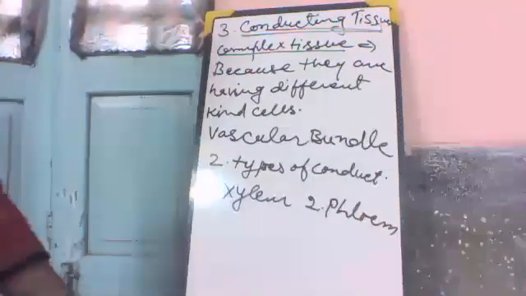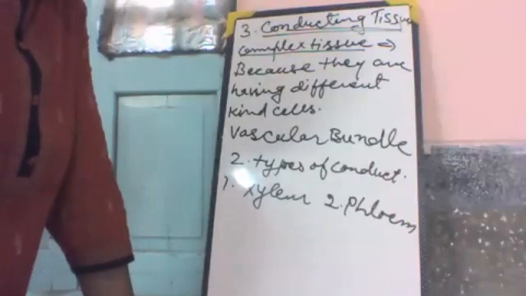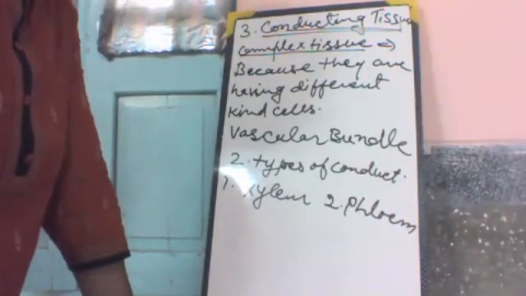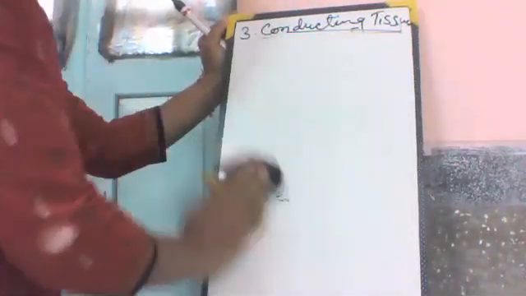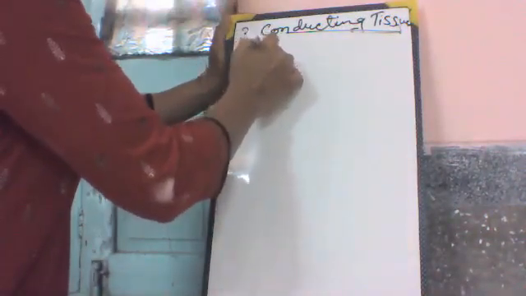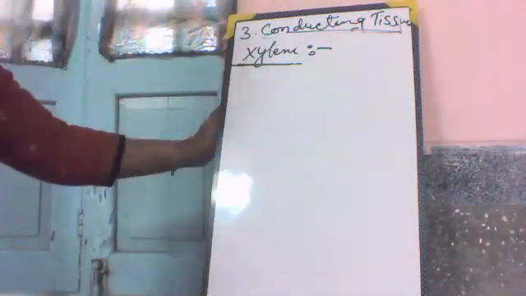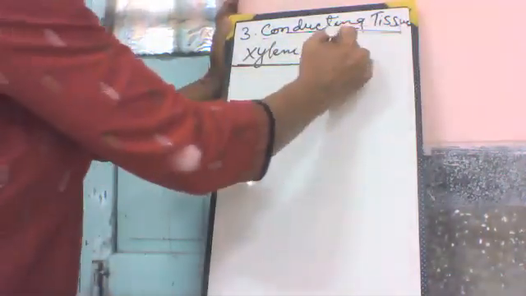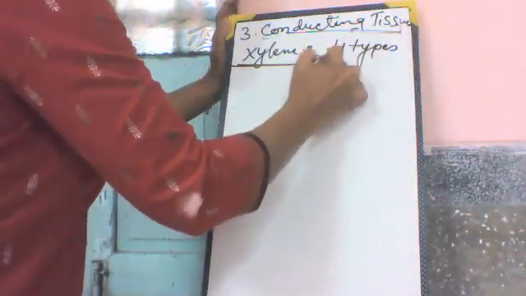Xylem is responsible for transport of water and minerals absorbed from the soil. First we have a look at xylem. Xylem tissue consists of four types of cells.